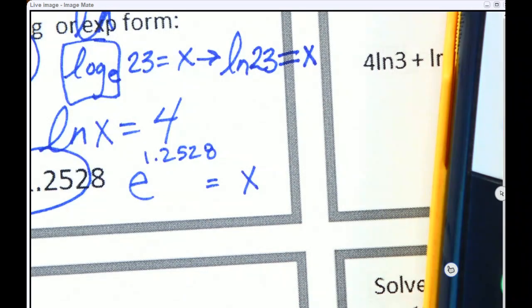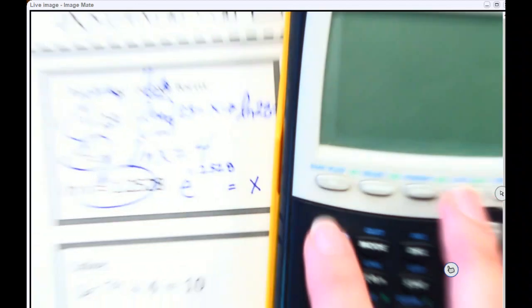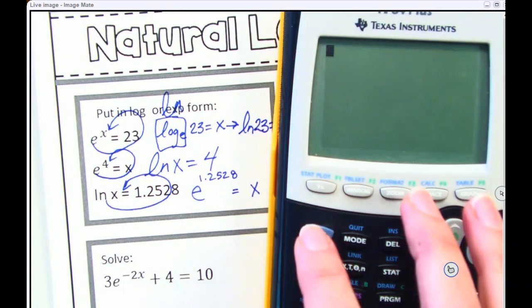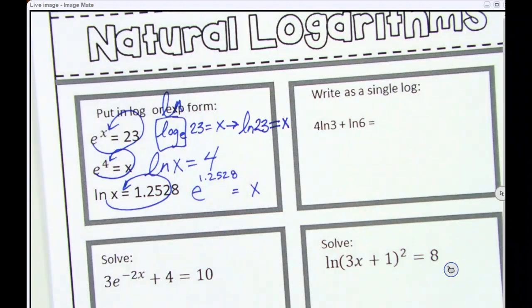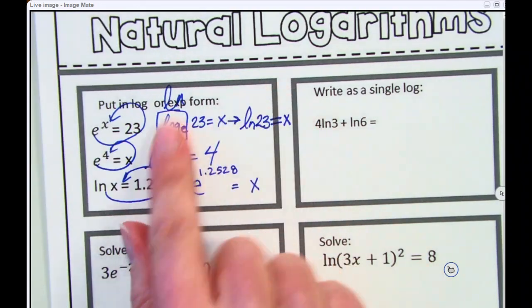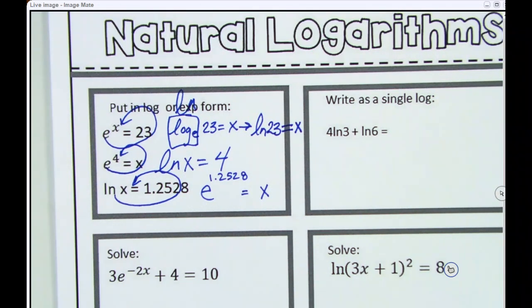So if I wanted to evaluate e to the 1.2528, all I need to do is press second, which gives me that e to the x, and I can type in 1.2528. And it gives me a value. So you'll want to know where that is. Questions thus far? It's going to take a little practice, but questions we need to get out of the way? Okay.